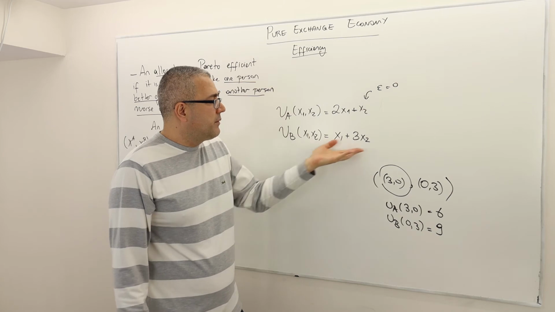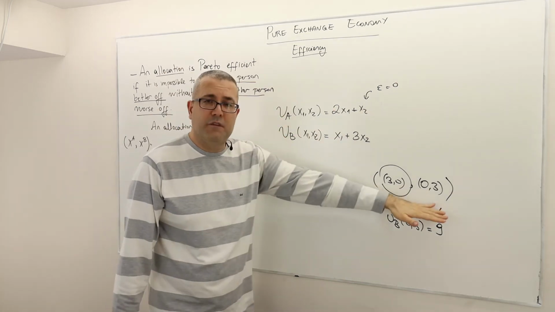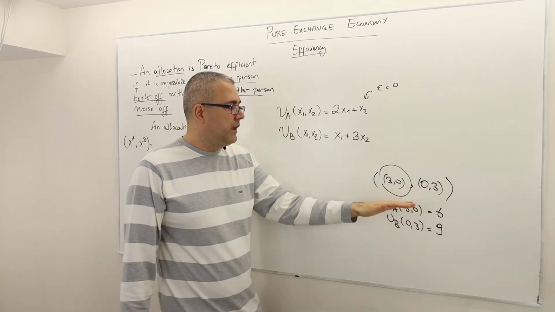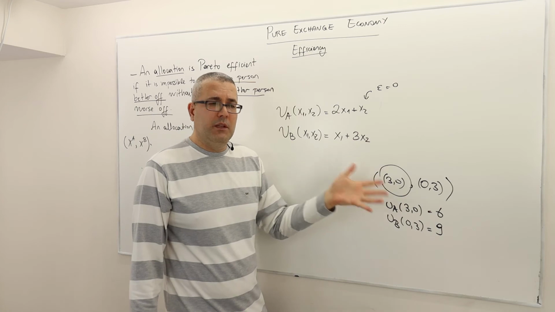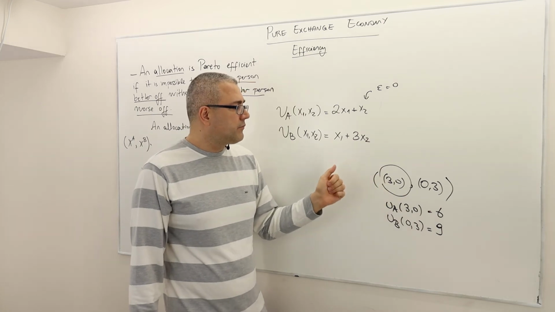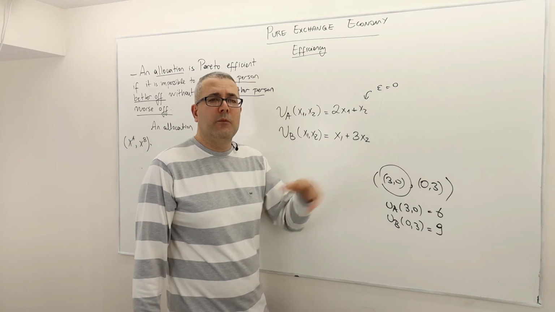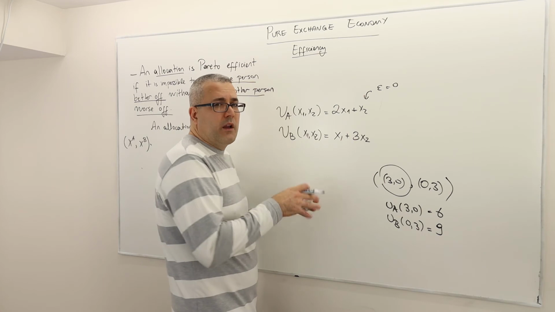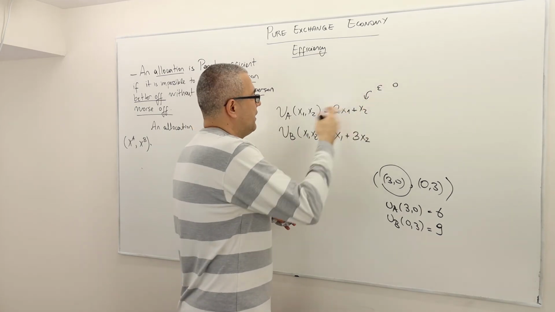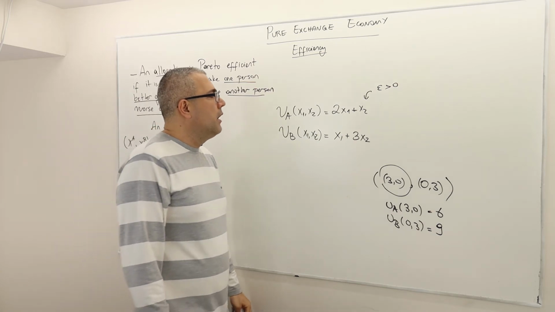But remember, this is a feasible allocation, meaning they are already consuming all the good 1 and good 2 available in this market. So I cannot bring additional good 1 or good 2 from outside of this market. If I want to make somebody happier, let's say Anita, I have to give her higher good 2.